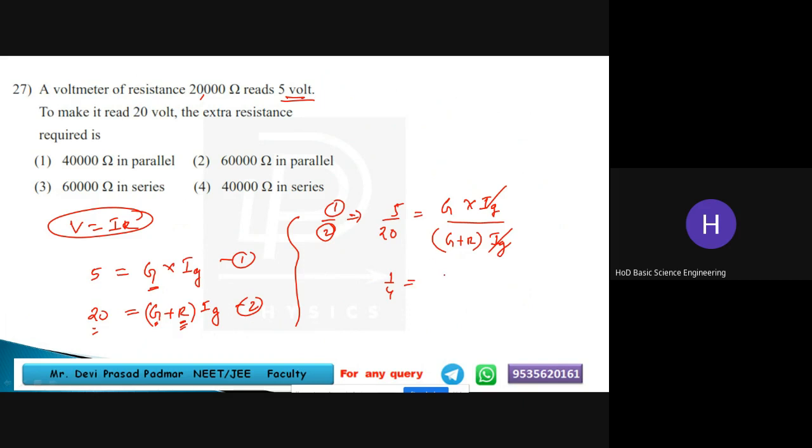Let's simplify this. G value is given. You must get R as around 60,000, right? Option 3, 27. Yes.